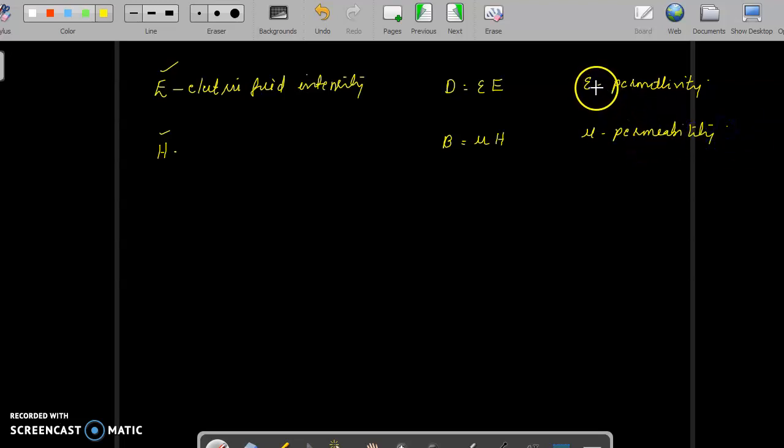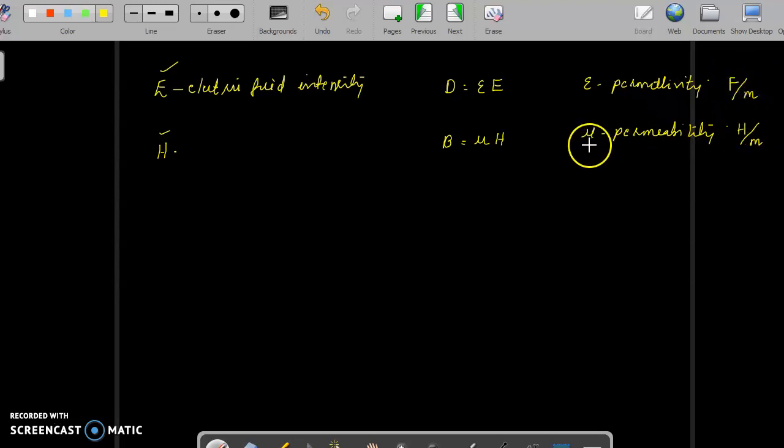These epsilon and mu depend on the type of material. If you take a capacitor, the permittivity depends on the material. If it is paper, mica, glass, or impregnated oil sheet, then the permittivity is completely different for each. The unit of permeability is Henry per meter, and the unit of permittivity is Farad per meter.